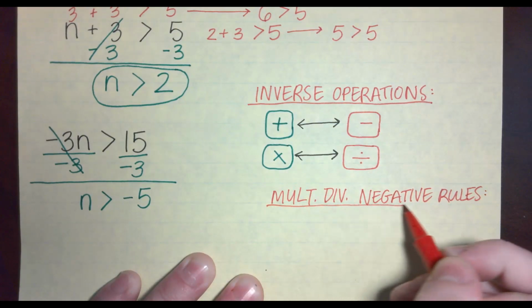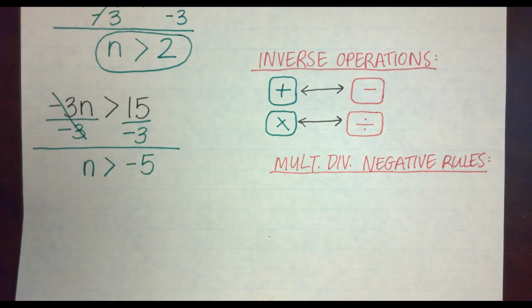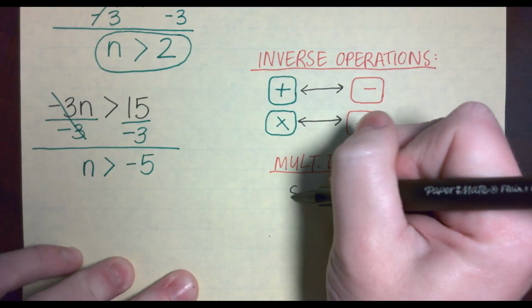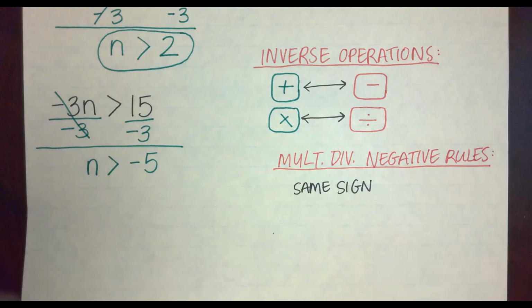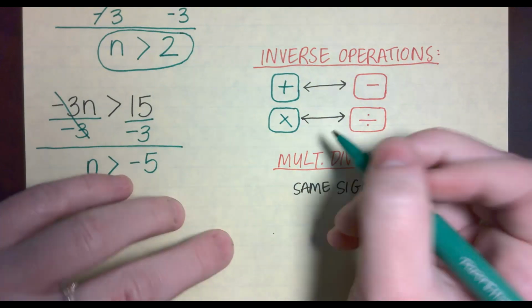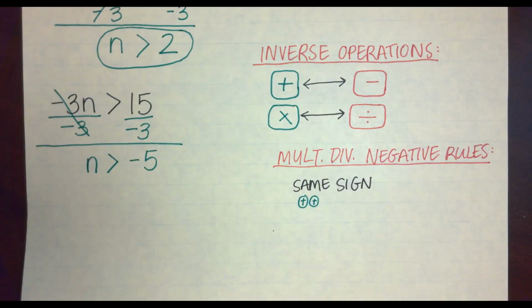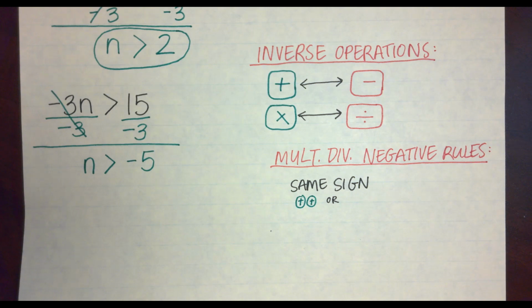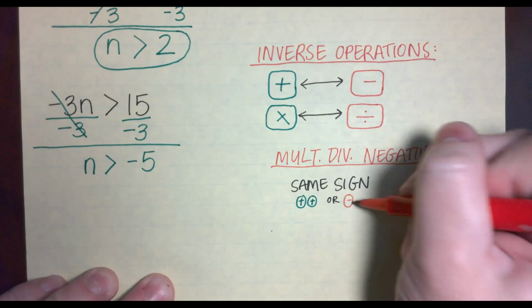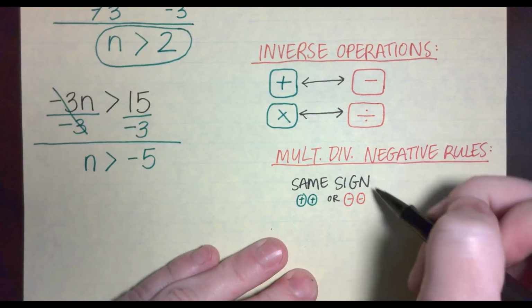The simplified version of these rules is if the numbers that you multiply or divide have the same sign, and by same sign I mean either two positives or two negatives, it could be either one, you're going to get a positive answer.